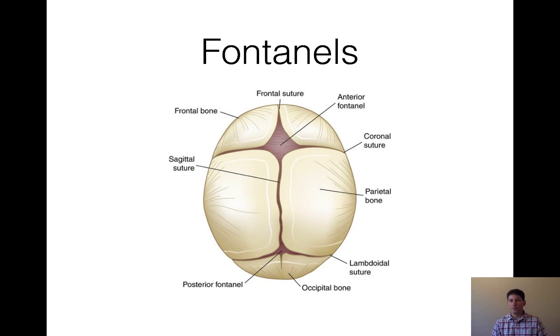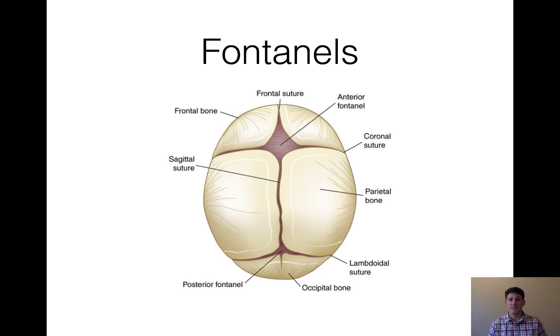So a really great example of where we see intramembranous ossification is in our fontanelles. These are the soft spots, the membranes between our parietal and frontal occipital bones that allow for those bones to move during birth, so that when they're coming out of the birth canal, they have some flexibility.